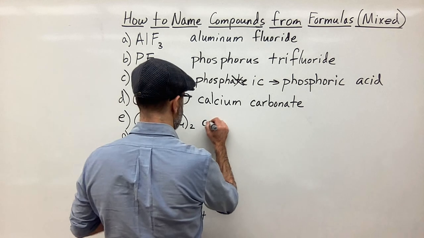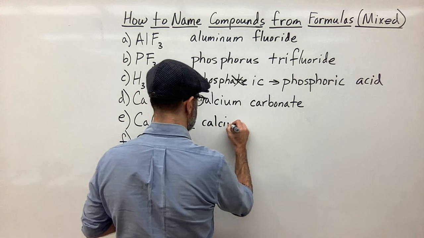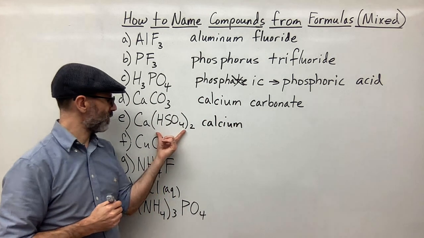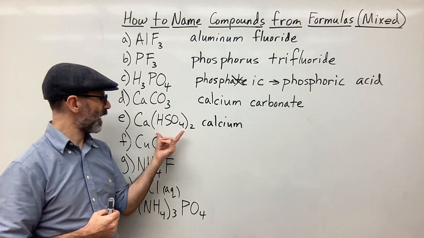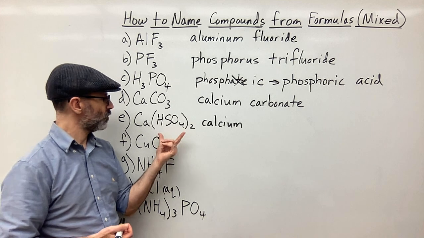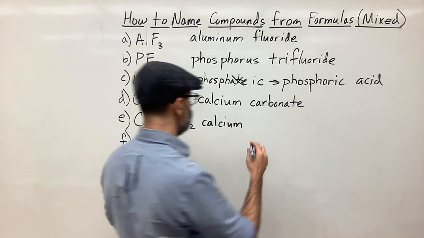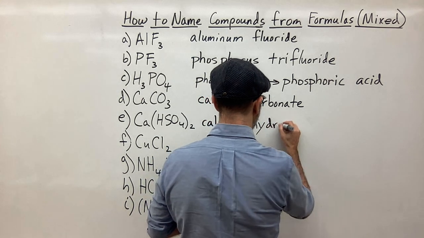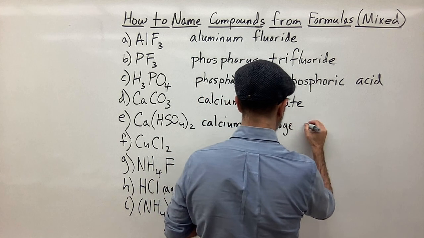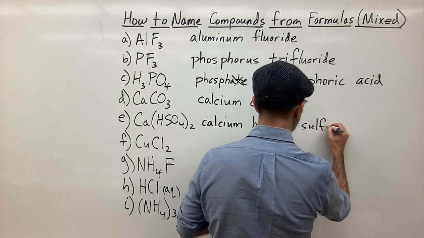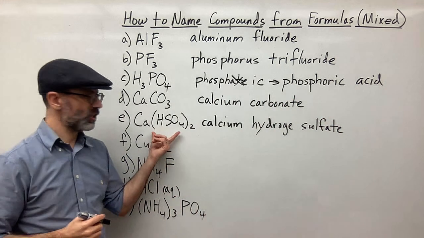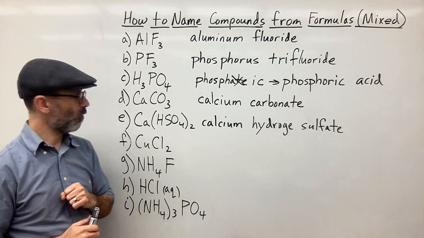So this is going to be calcium again. And then the name of this polyatomic ion you need to know, this is hydrogen sulfate. So hydrogen sulfate is the name of that. So this is calcium hydrogen sulfate for the name.